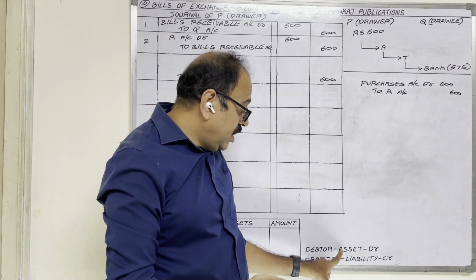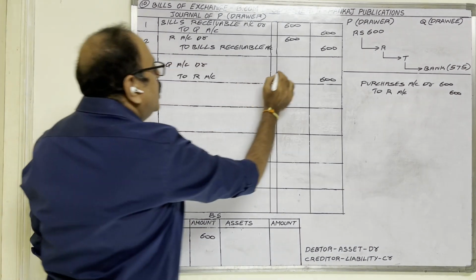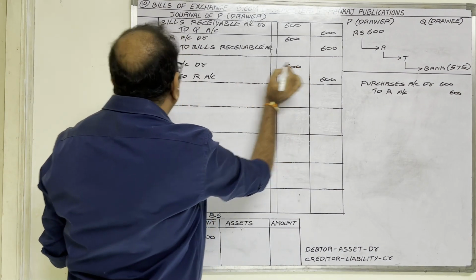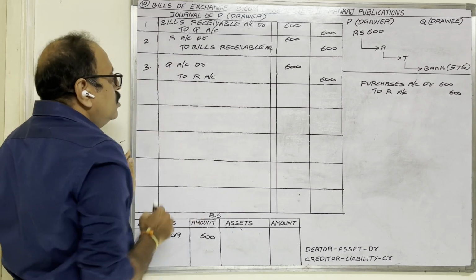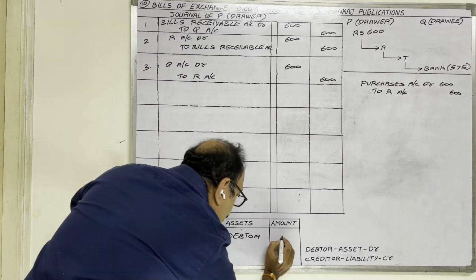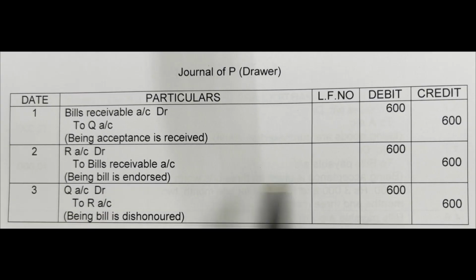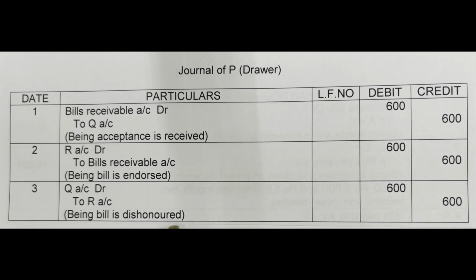Debtor is an asset, so we should debit. Therefore, we have to debit the Q account with the same amount, 600 rupees. Serial number 3. So a new asset, debtor, is created with 600 rupees. Third entry: Q account debit to R account 600, being bill is dishonored.